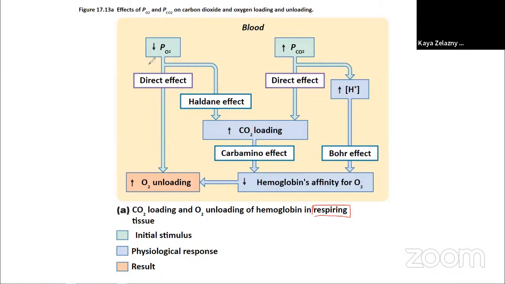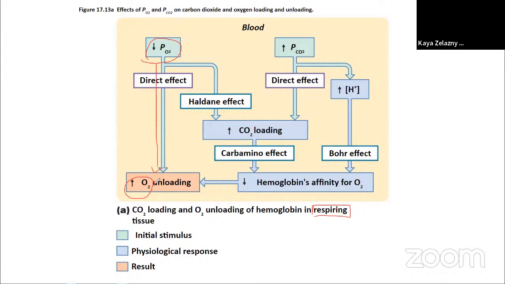So one thing that's happening is that the partial pressure of oxygen in the respiring tissue is low, which means the partial pressure of oxygen in our blood is dropping, because it's directly tied to the fact that we're unloading that oxygen into the tissue, right?